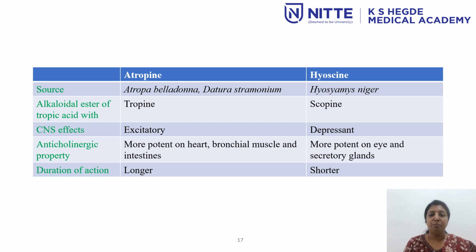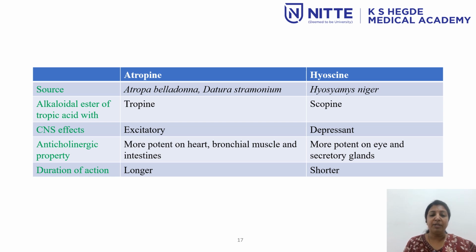If you have to compare atropine and hyoscine, these are the two alkaloids. The source of atropine is Atropa belladonna and Datura stramonium. Hyoscine is from Hyoscyamus niger. As for structure, atropine is an alkaloidal ester of tropic acid with tropine, whereas hyoscine is an ester of tropic acid with scopine. For CNS effects, atropine produces CNS excitation or stimulation, whereas scopolamine or hyoscine produces CNS depressant action.